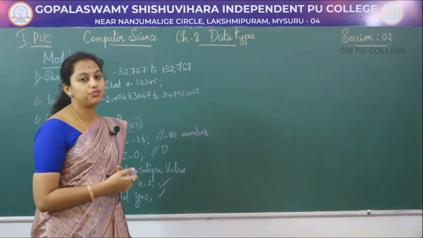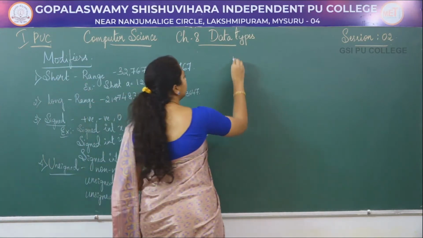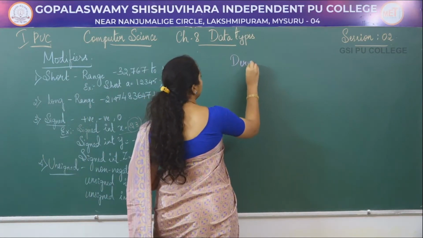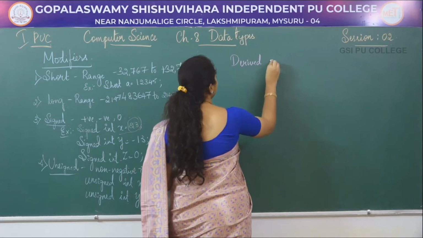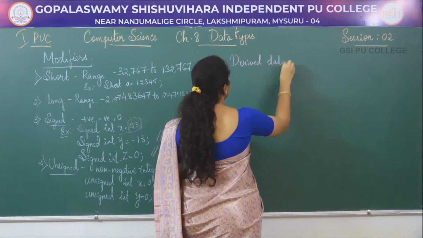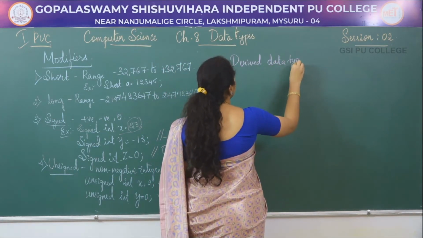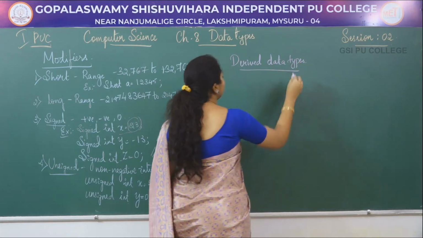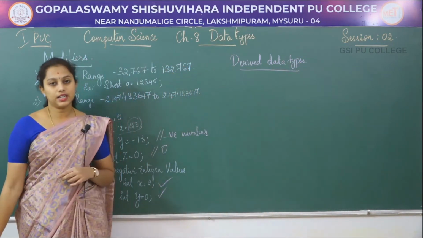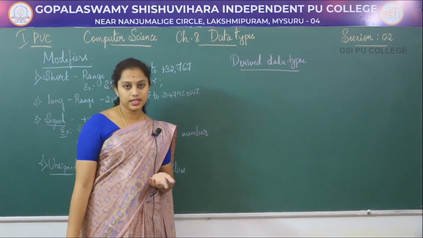The next type of data type is derived data type. What is a derived data type? Derived data types are the data types which are derived from simple or fundamental data types.